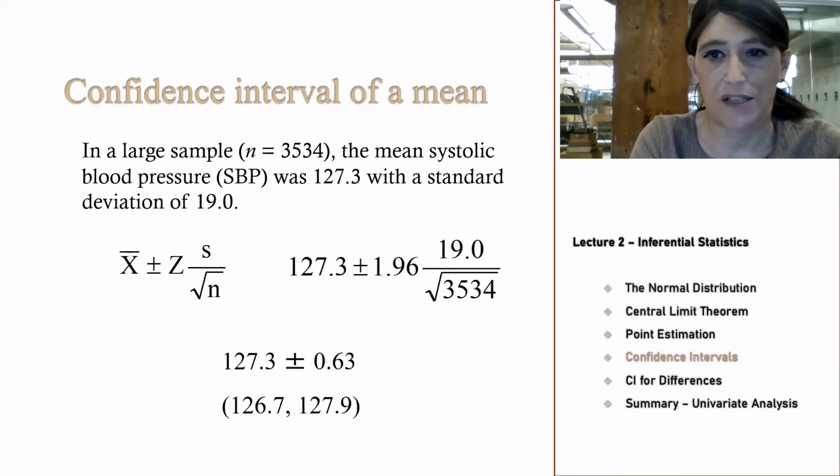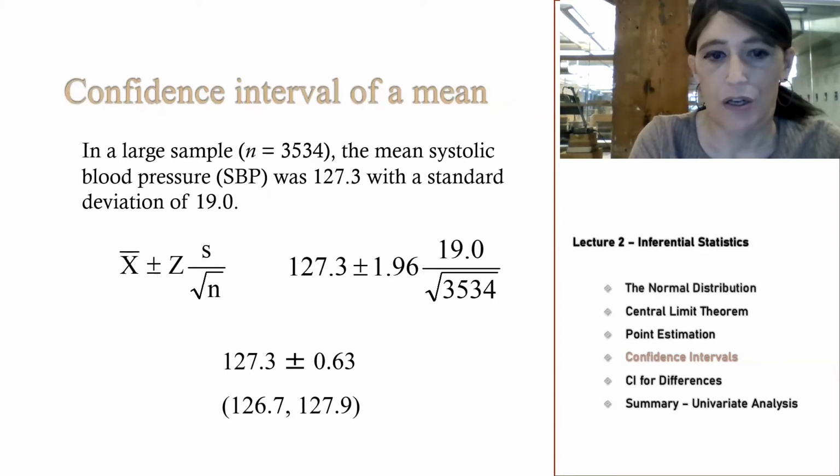However, if I would like to convert that into a confidence interval around that estimate, this is now making the leap to saying that we think this value of 127.3, based on a fairly large sample of 3,534 patients, is probably pretty close to the population mean.